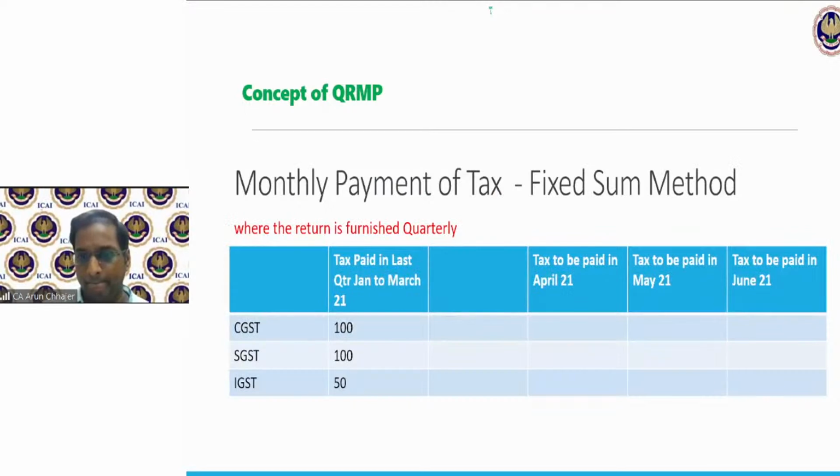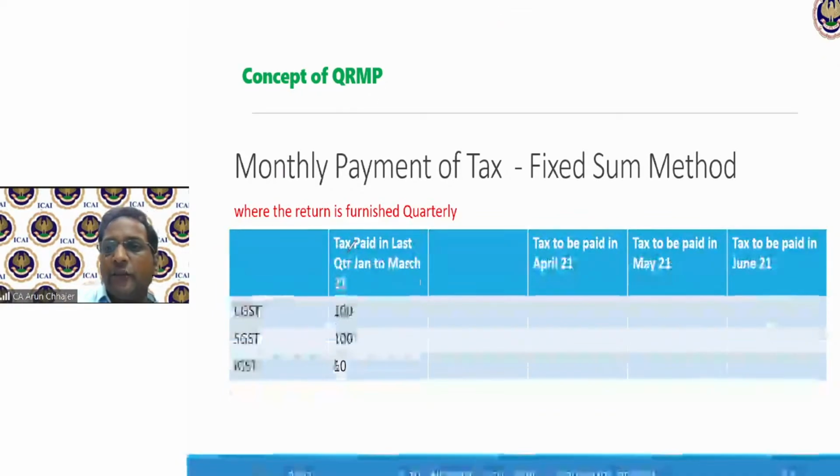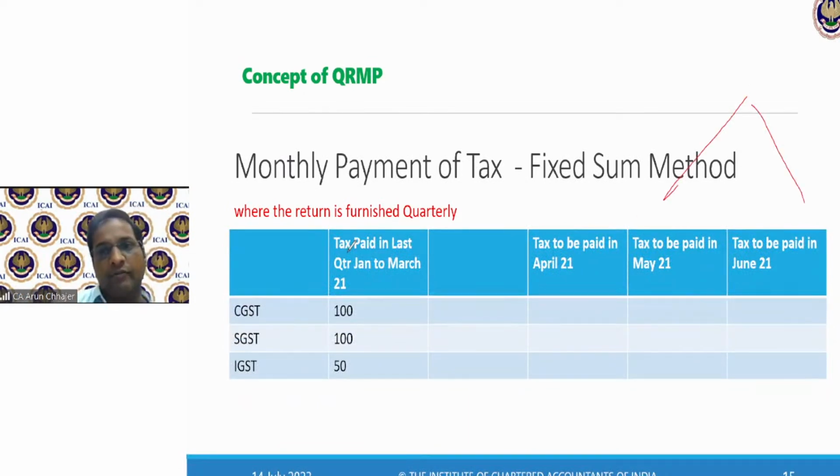So you will select QRMP. Under the QRMP, there are two methods. One is the fixed sum method and one is the self-assessment method.